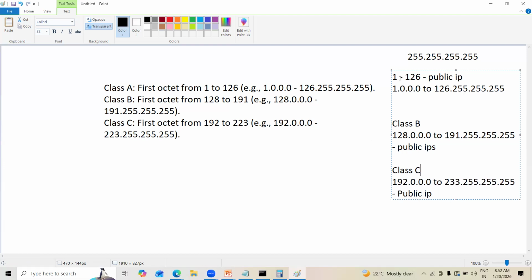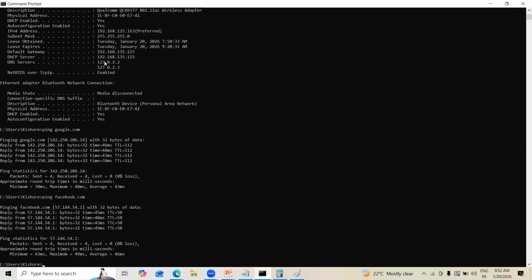You can see here, for any number, the first octet, as we can say, ranges from 1 to 126. So you can see my IP address. What is the IP address of mine? 192.168.135.163. It starts with 192.